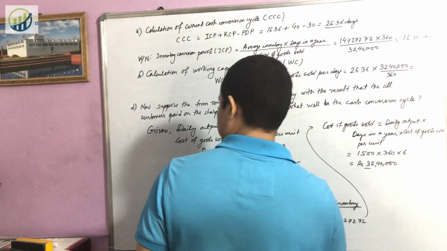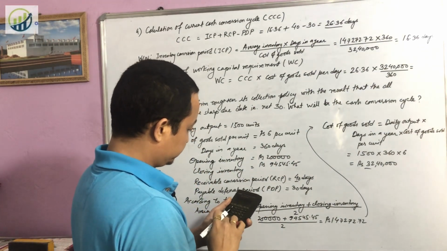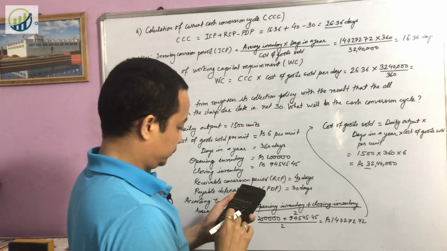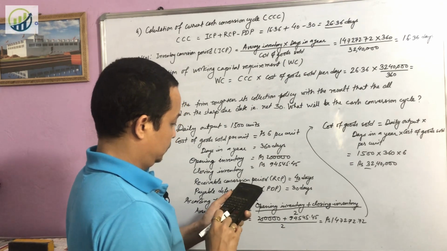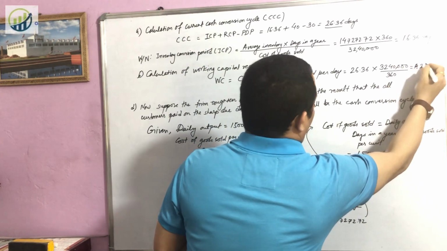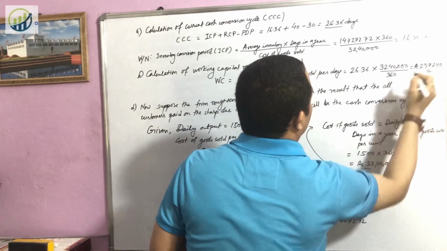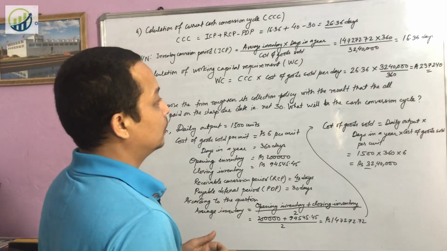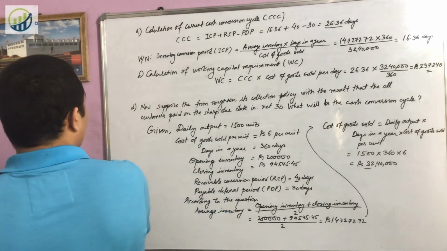So that will be your rupees 2,37,240. So this is the working capital requirement. After you find the working capital requirement, now you have to find the working capital turnover.